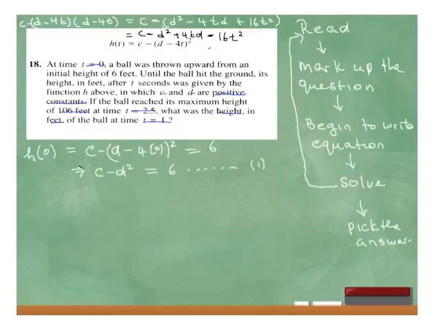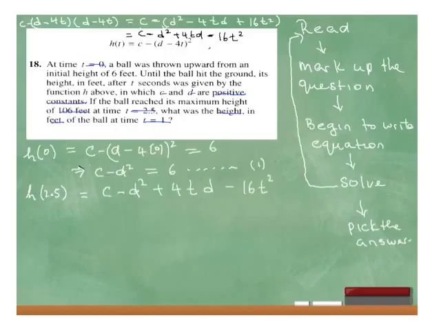What else do I need? I'm not solving the problem. It's too complicated right now. So the next piece of information that was given to me was the height at 2.5 seconds. And if I could bring this equation down here that I was working on, which is C minus D squared plus 4tD minus 16t squared.